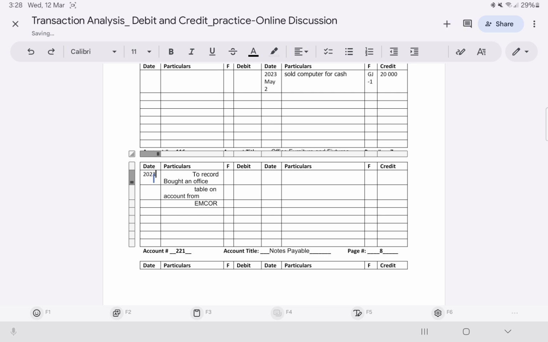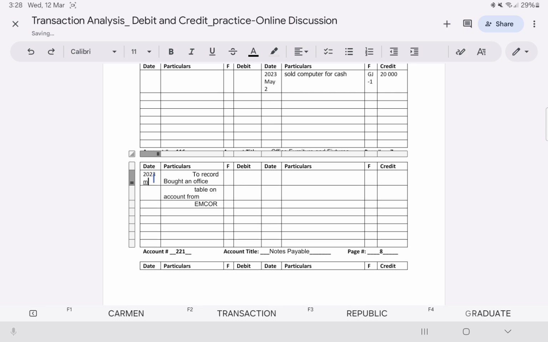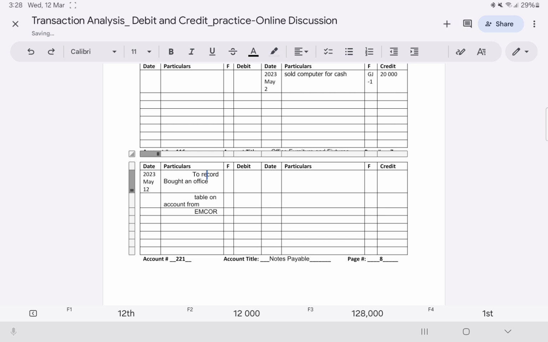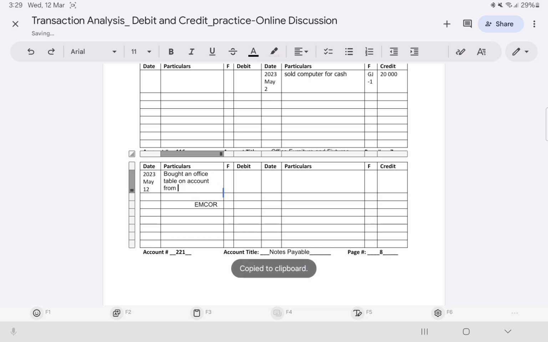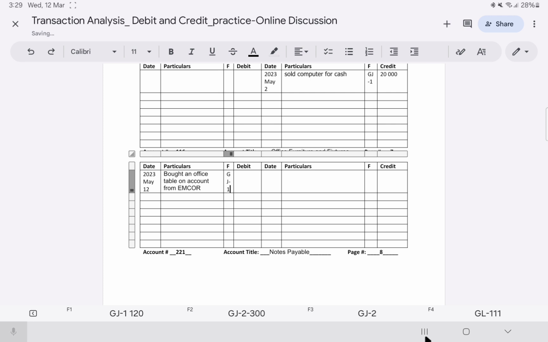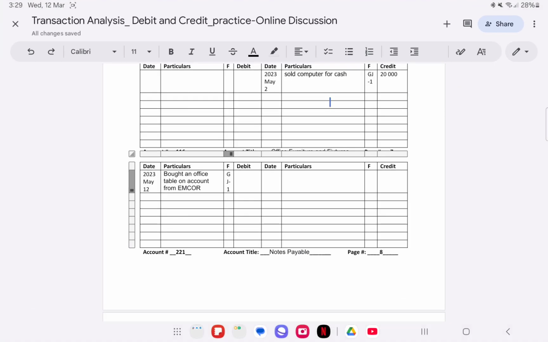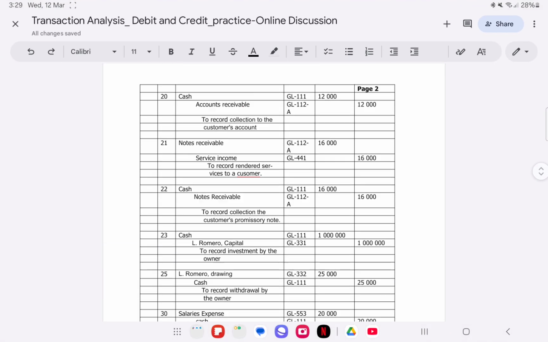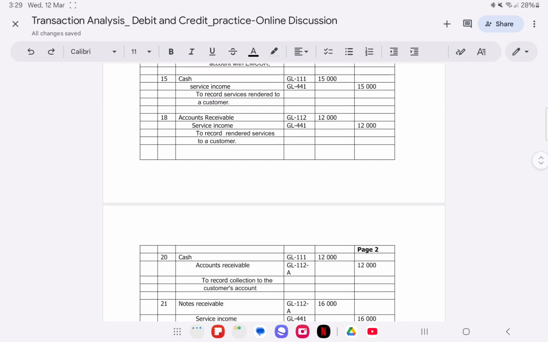Okay, 2023 May 12. GG-1. So what's the amount? 25,000.